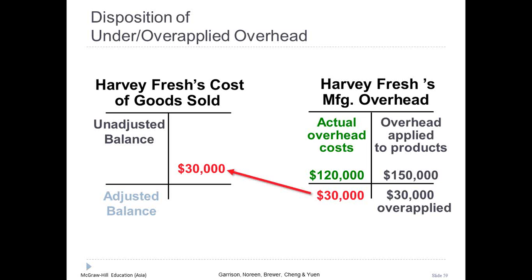Harvey Fresh chooses to adjust cost of goods sold for the entire amount. The adjustment necessary at the end of the year is to debit the manufacturing overhead account for $30,000 and credit, or reduce, cost of goods sold by the same amount.